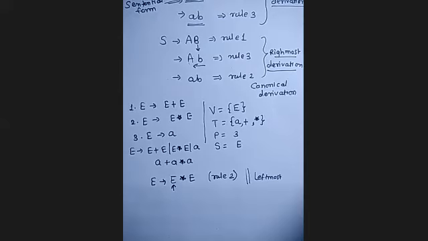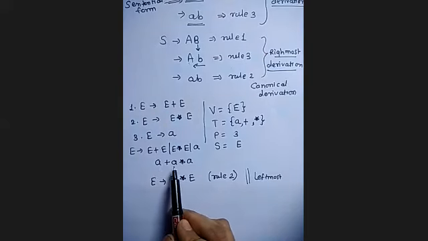Because a multiplication operator has already occurred in this. So what do we need now? a plus. So we need a plus operator. Okay, most of the students are saying correct.